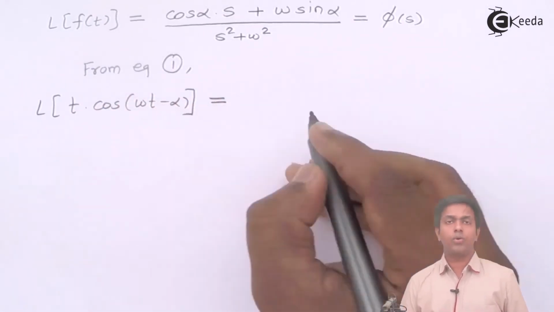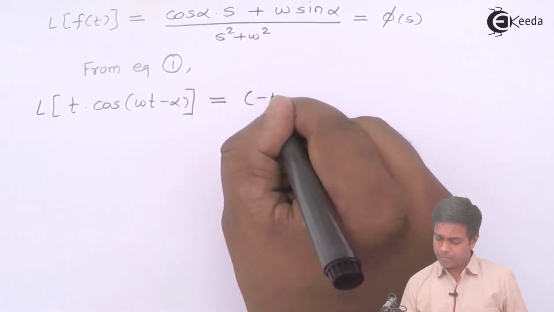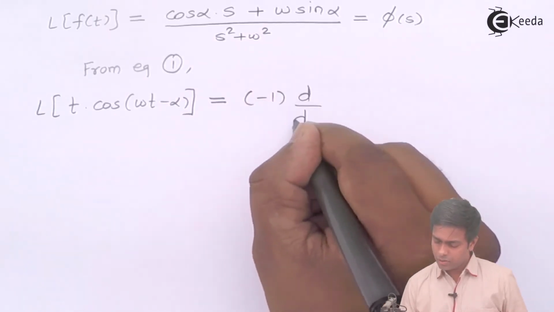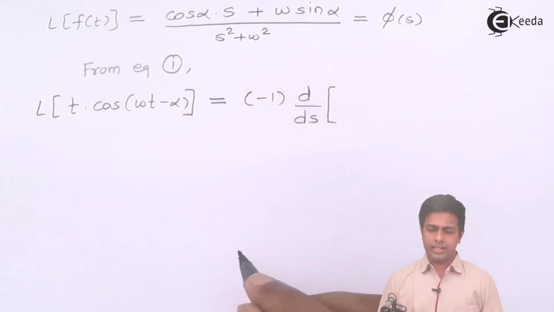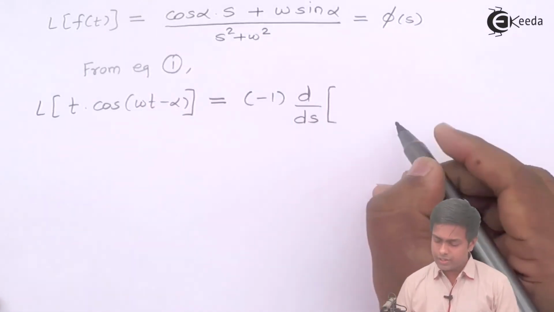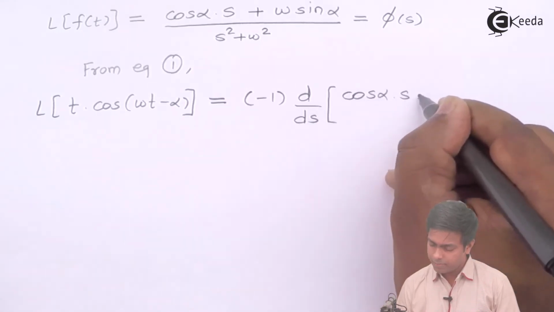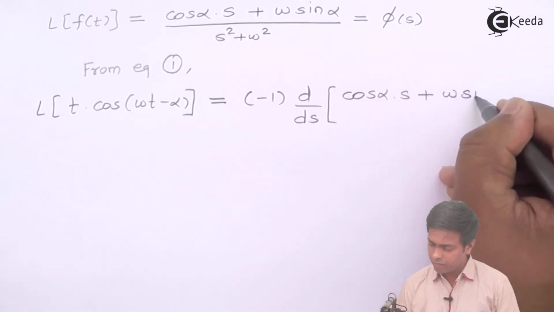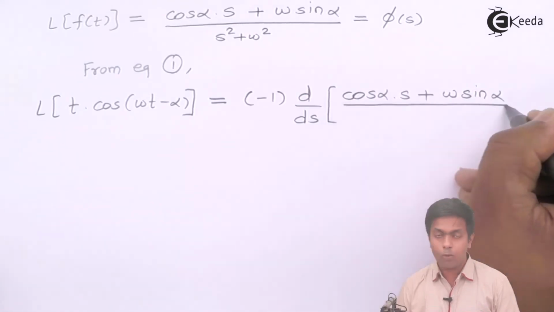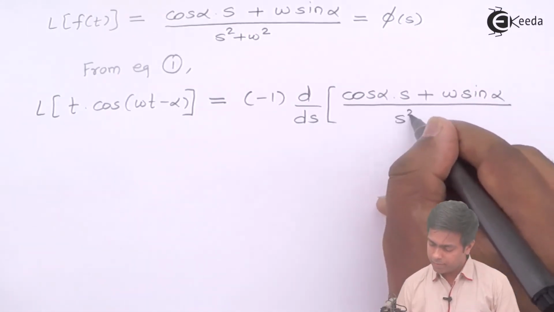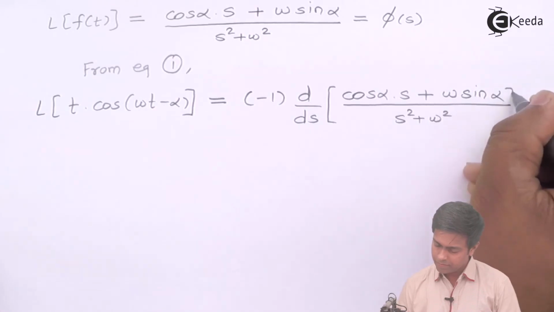is equal to minus 1 d by ds of phi of s, and this is the value of phi of s, which is cos of alpha into s plus omega into sine of alpha upon s square plus omega square.